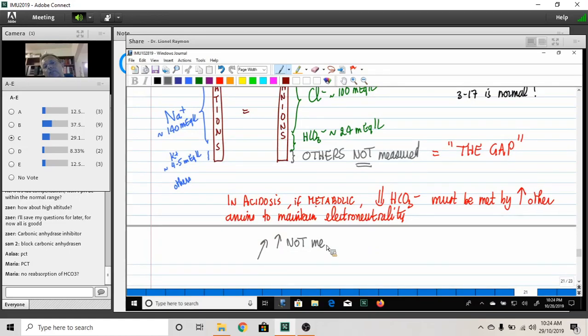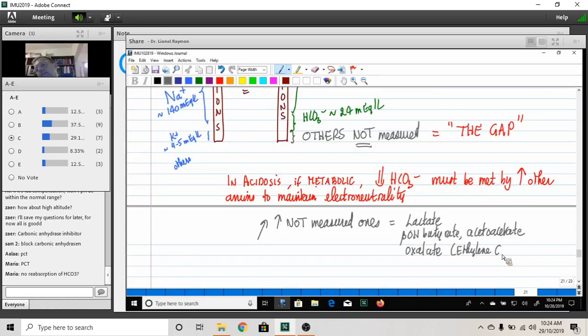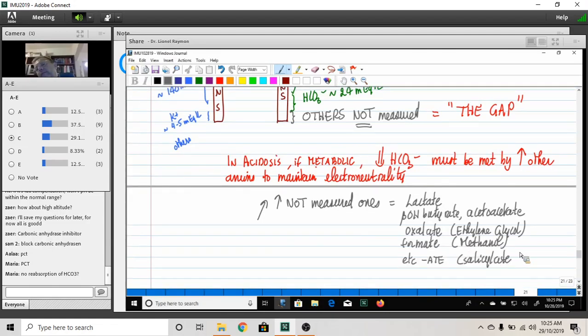Example, lactate, beta hydroxybutyrate, acetoacetate, maybe oxalate from ethylene glycol, maybe formate from methanol, etc. Salicylate, for example.